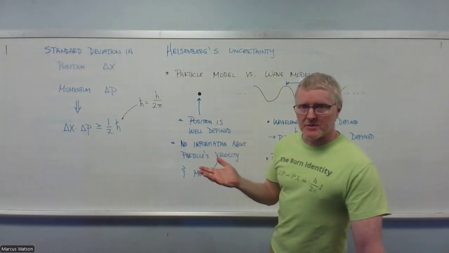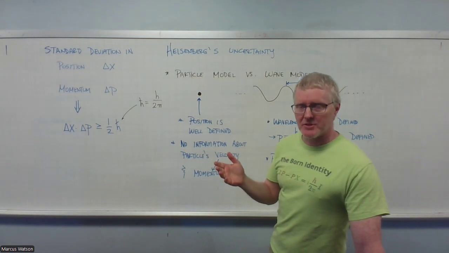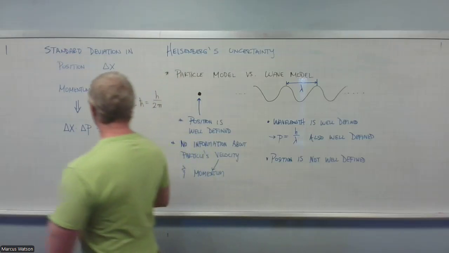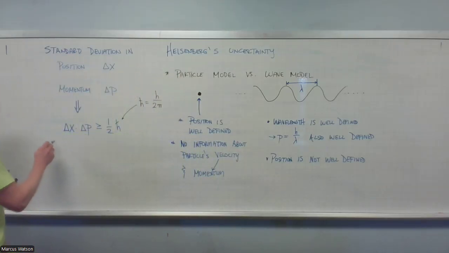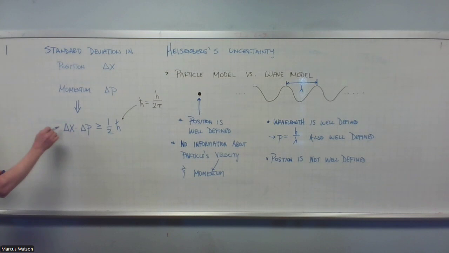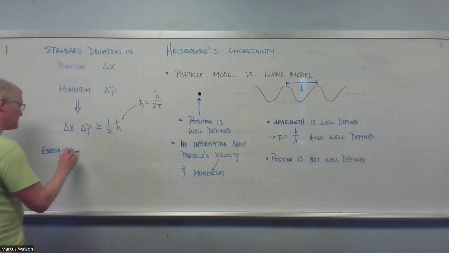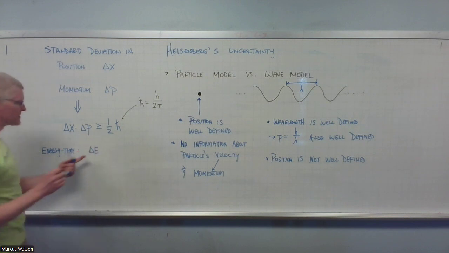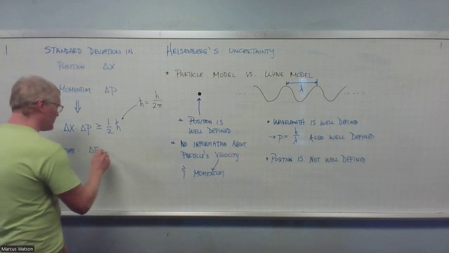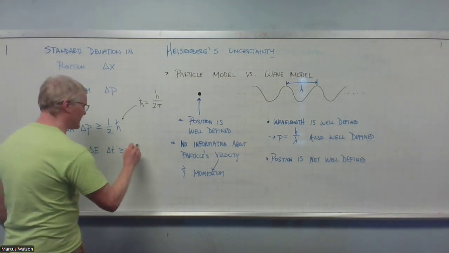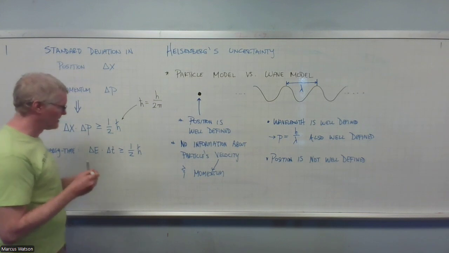There also, as it turns out, is an energy-time uncertainty principle, which goes along with this. I will simply state it without too much fuss. This is the position-momentum one, as you can probably see. The energy-time formulation is exactly the same thing. There's an uncertainty in the energy, there's an uncertainty for how long it had that energy, and it's the exact same number, 1/2 h bar.